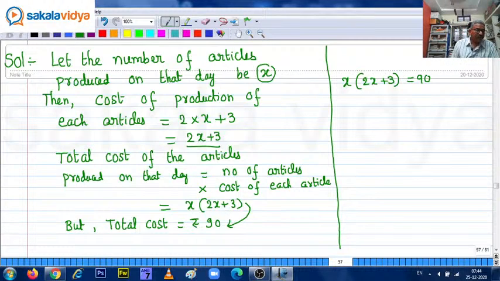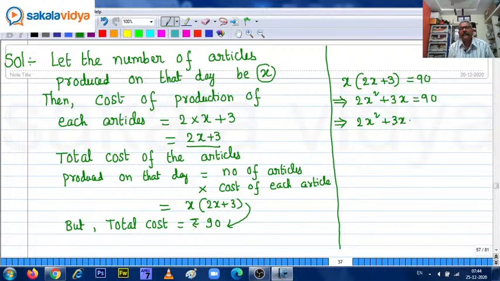Am I correct or not? So now, open the bracket: 2x square plus 3x equal to 90. Bring 90 to the left hand side so that we get 2x square plus 3x minus 90 equals 0.